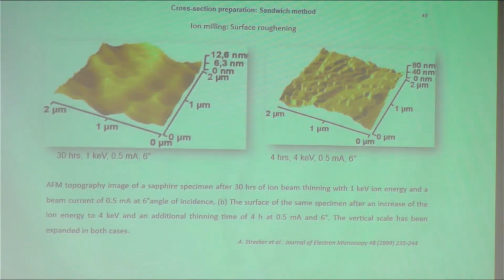It depends on different parameters like the energy of your ion beam, the angle you use, and also the material itself, whether it is flat or already had some roughness.